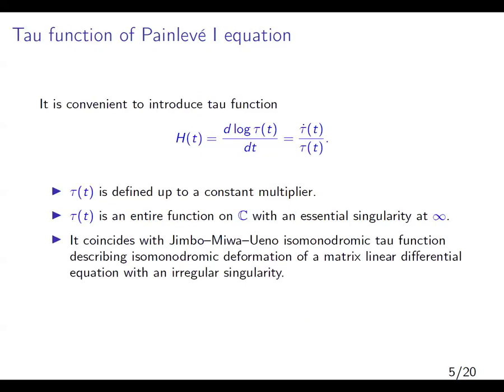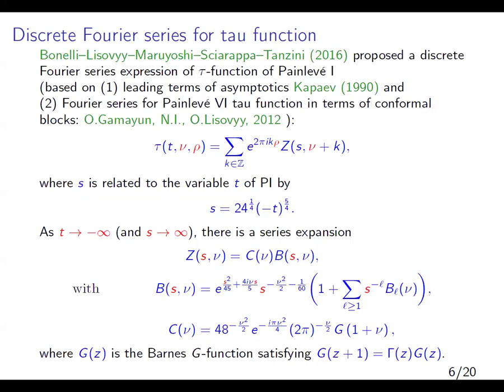The tau function is an entire function without poles, and having only an essential singularity at infinity. And there is another story relating it to the isomonodromic tau function of matrix linear differential equations with irregular singularities.